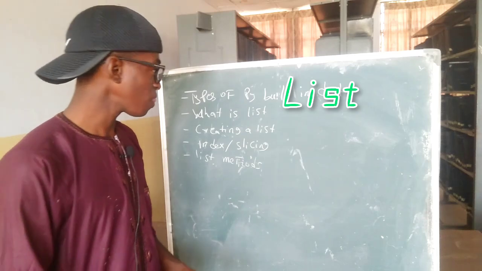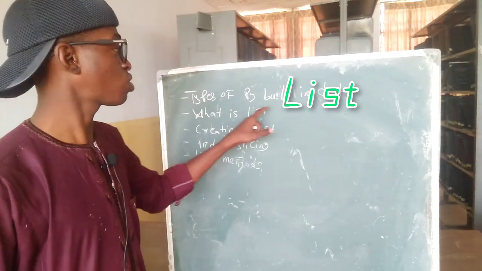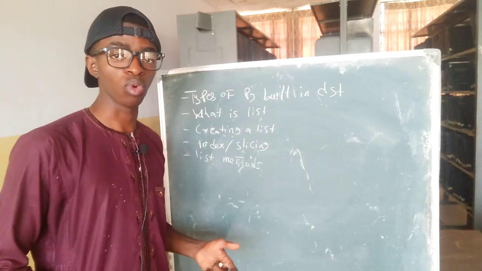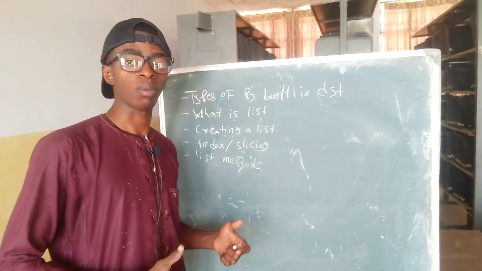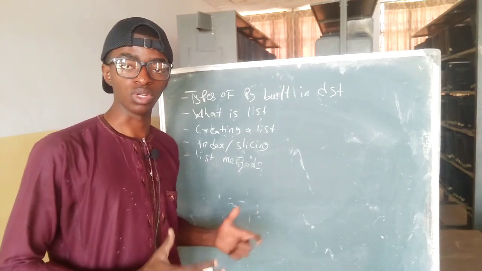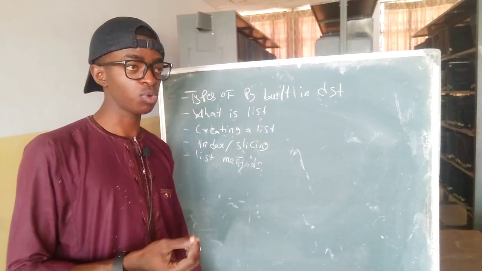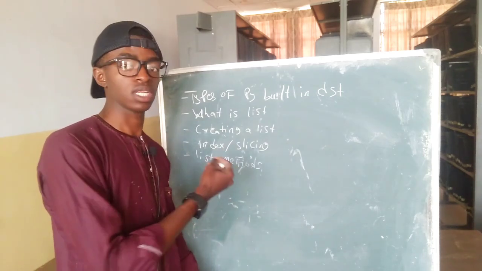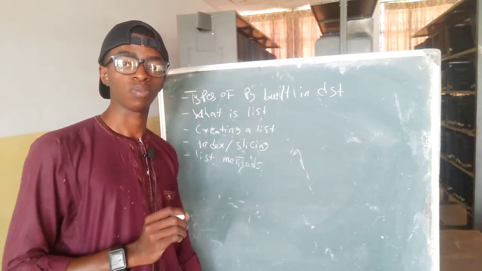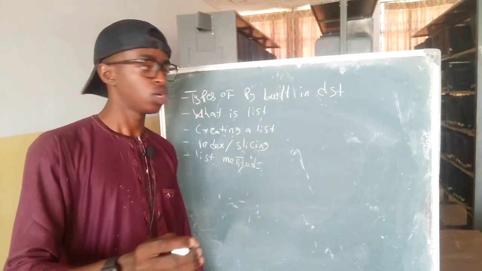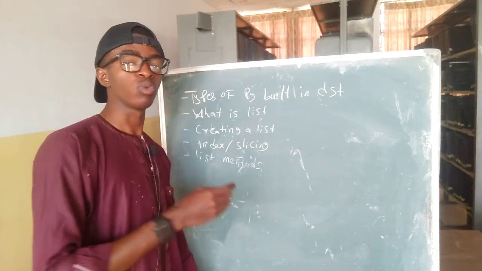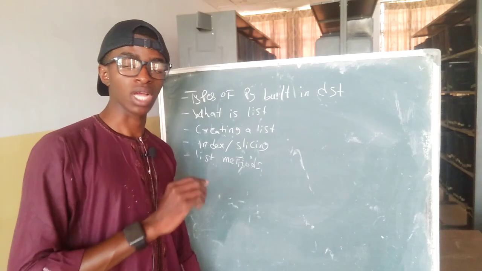When we say something is built-in in programming, we usually mean something that comes automatically with that programming language. If we look at C++, C++ doesn't have a list data structure built in. You have to make it on your own. But Python comes with a built-in list.